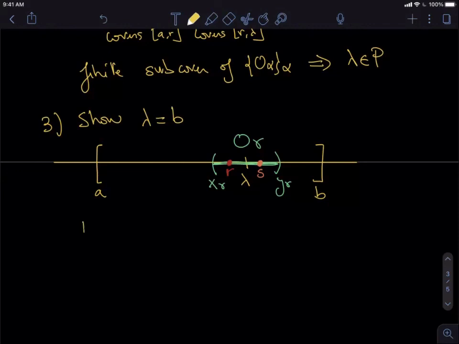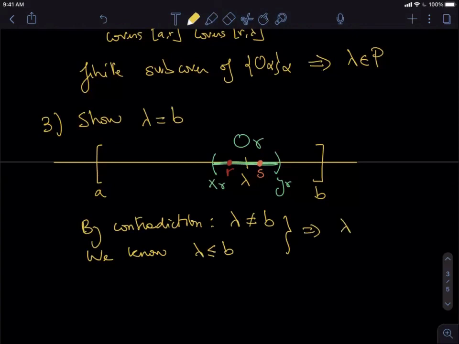So let's assume that lambda is different from B. We know that lambda is less than or equal to B, so that means that lambda needs to be strictly smaller than B.